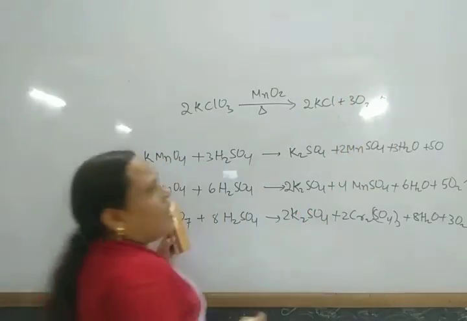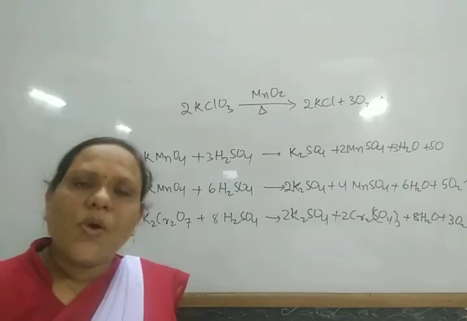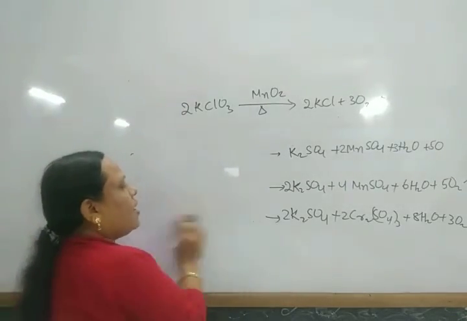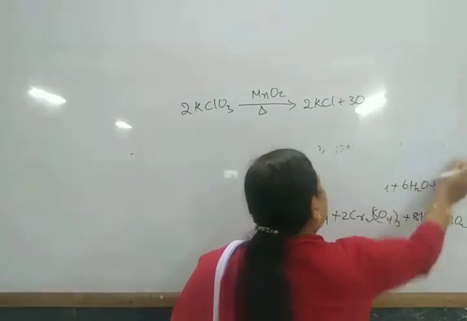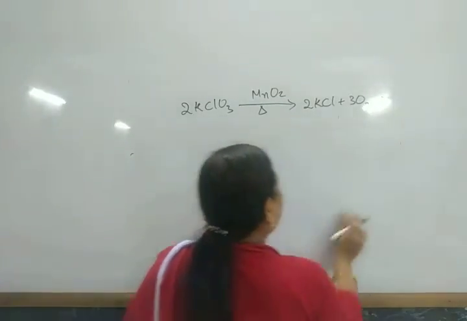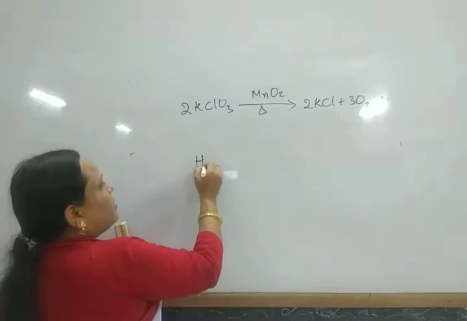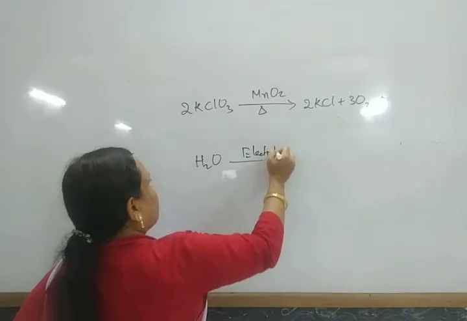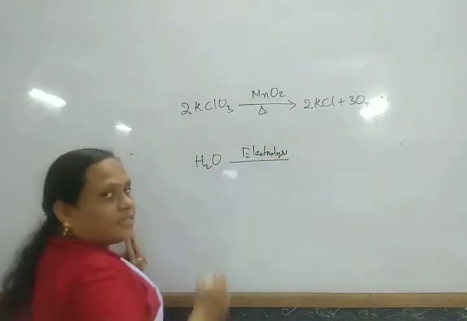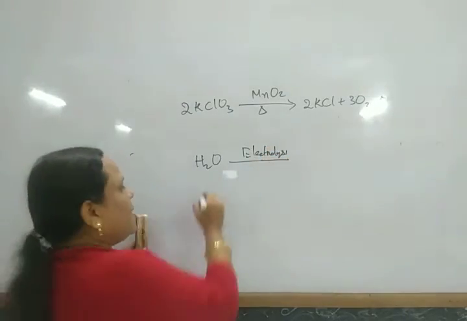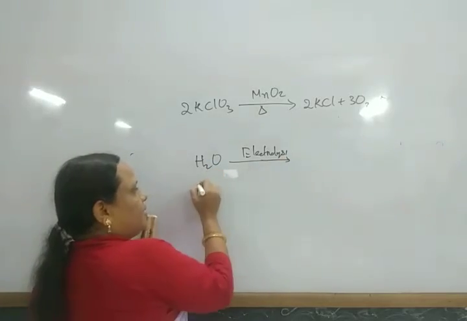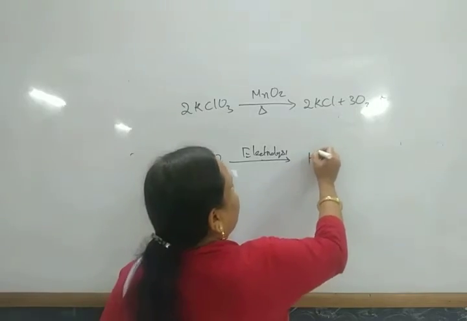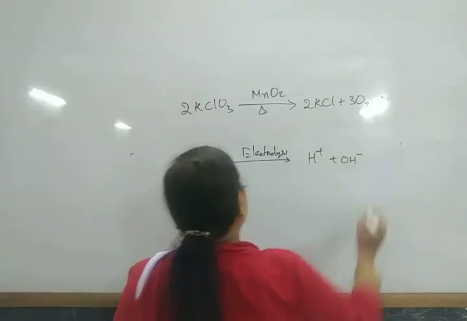Oxygen gas is also prepared by the electrolysis of water. When acidic water, in the presence of some acid or alkali, undergoes electrolysis, it forms H plus and OH minus.